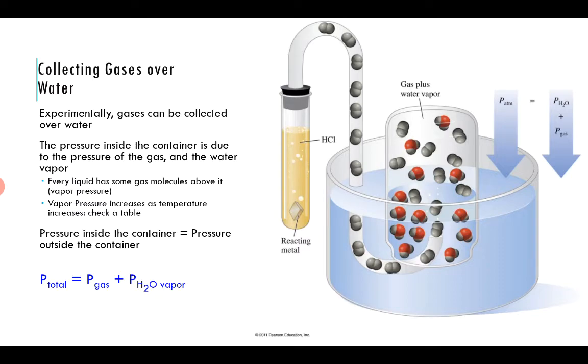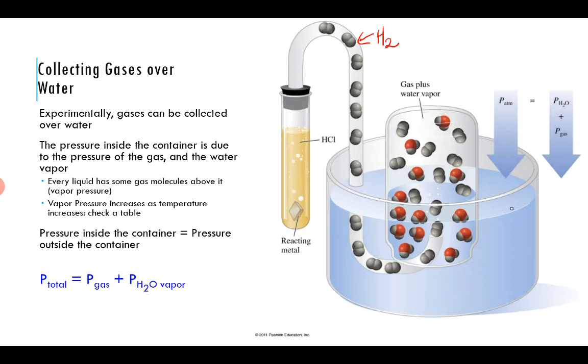And so this is an example of a chemical reaction that's producing gas. And so there's a metal that's reacting with hydrochloric acid, and we collect that hydrogen gas that comes off. So remember, hydrogen is one of our diatomic molecules. And so as this reaction produces hydrogen gas, that hydrogen gas bubbles into this container and is collected over water.